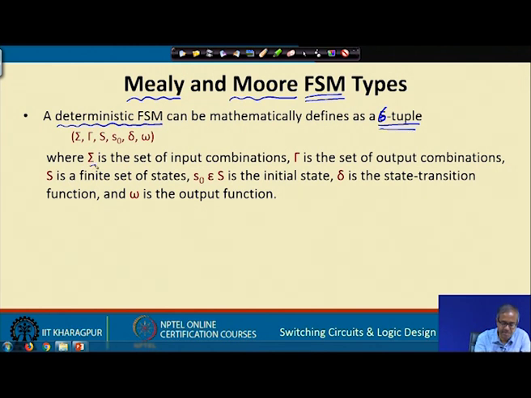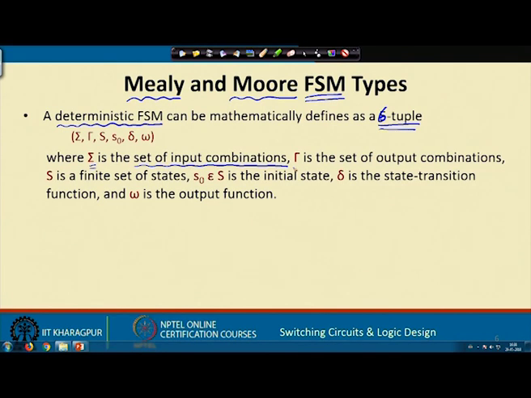Sigma means the set of input combinations. Suppose this circuit has 3 input lines, there will be 8 input combinations. So, sigma will denote the set of all possible 8 input combinations. Sometimes we call it the input alphabet.